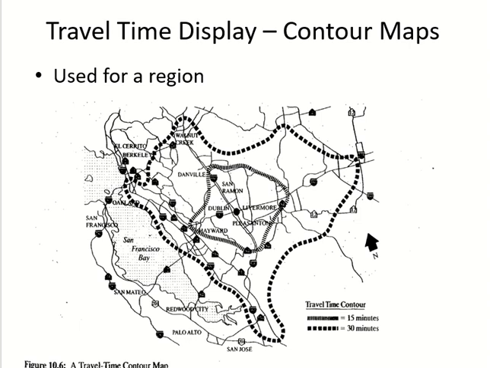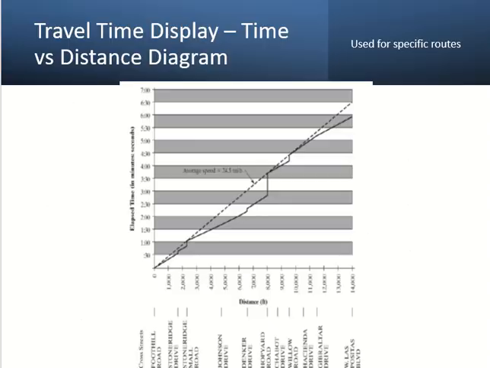And all these points are 30 minutes from this point. From which area people are more likely to come? 15 minutes or 30 minutes? 15, right? Wake up. Clear? So this is the idea of the travel time contour map.